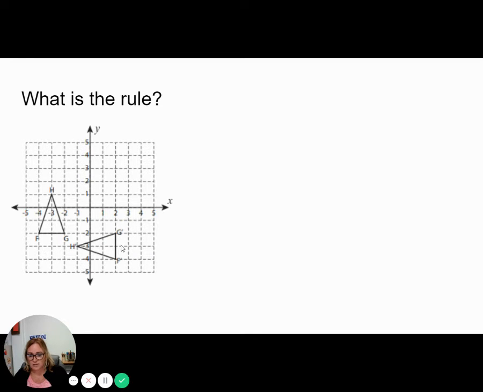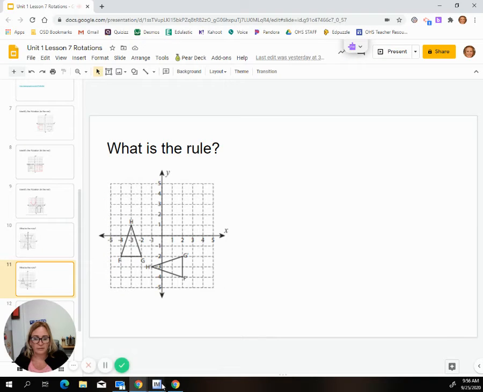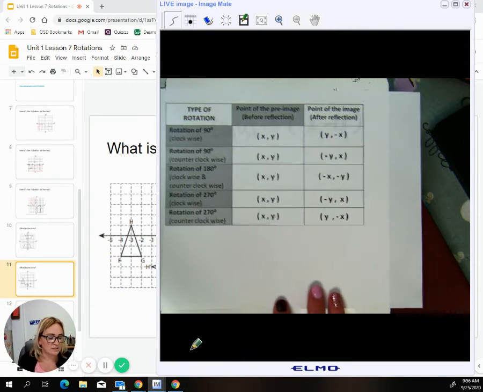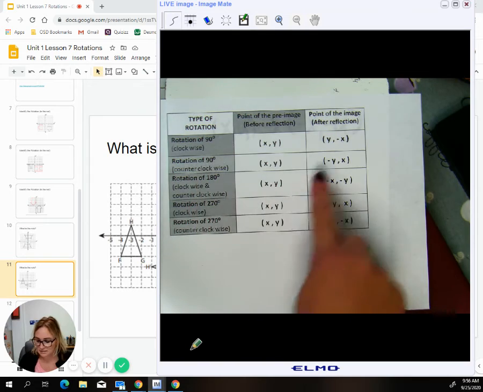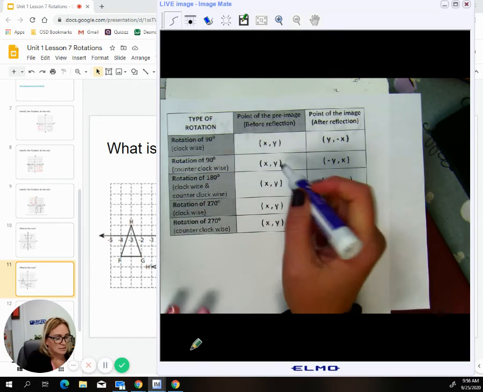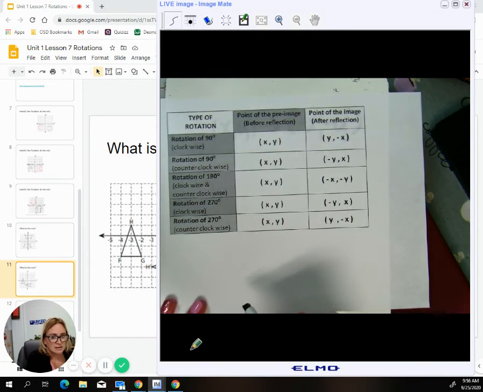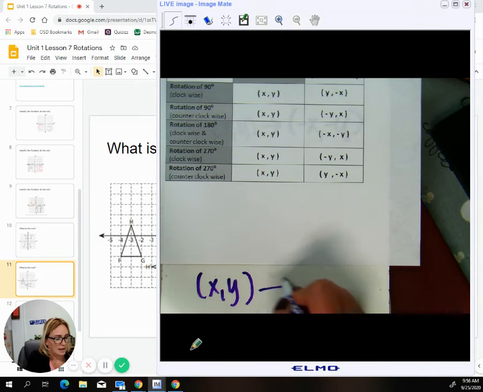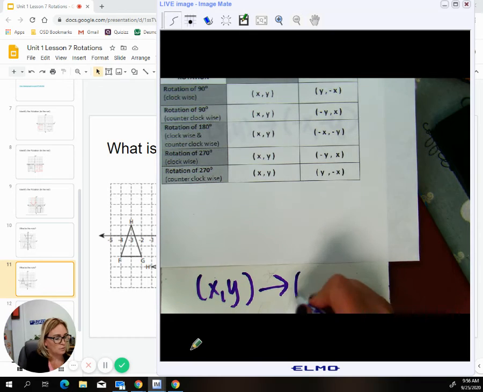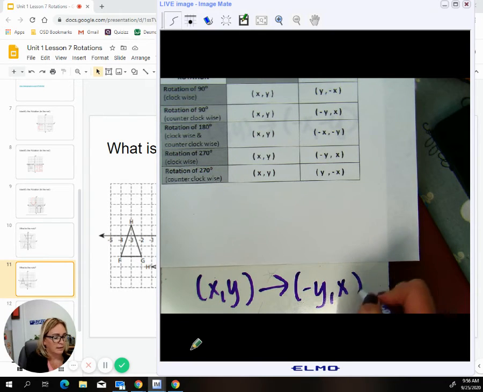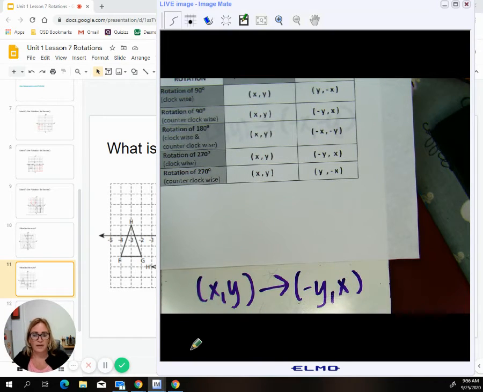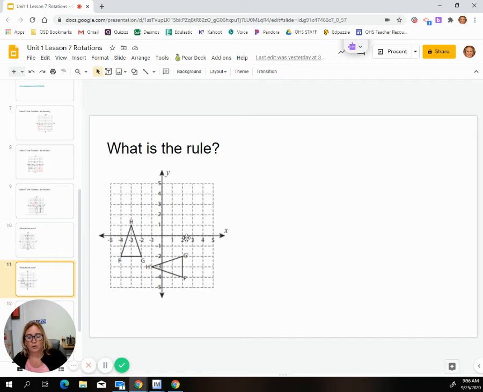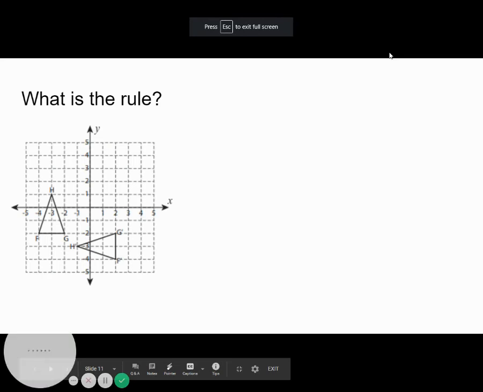So 1 quadrant is 90 degrees counterclockwise. If we look at our formula sheet, 90 degrees counterclockwise is right here, and it tells us that we are taking our x, y and turning it into negative y, x. So that would be the rule for this graph.